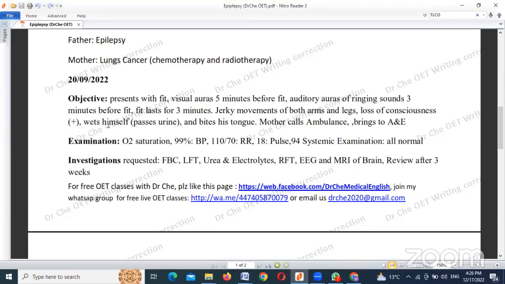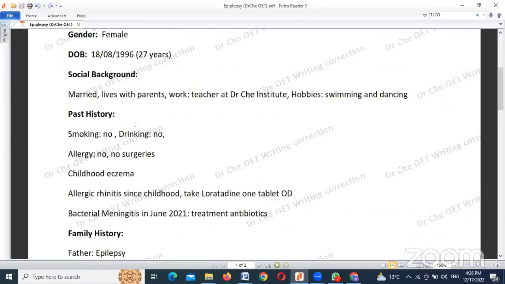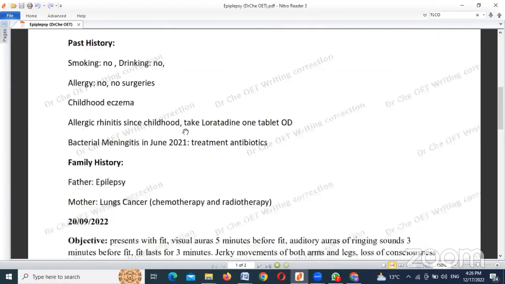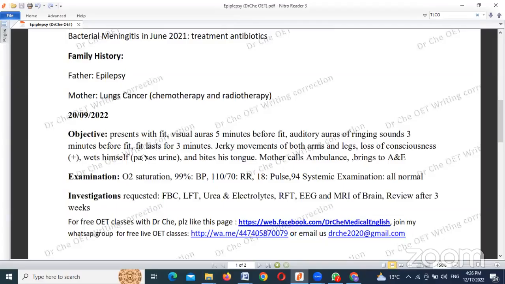The patient wets herself, passes urine. Bites her tongue. These are the case notes written by me, and we need proofreading. Then the mother calls an ambulance and brings the patient to the emergency department.